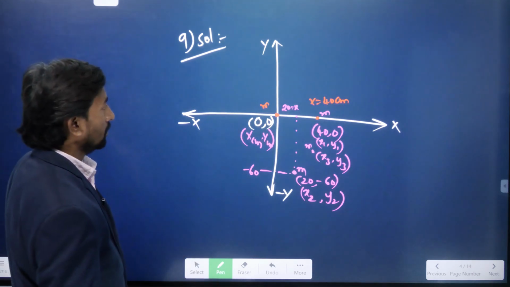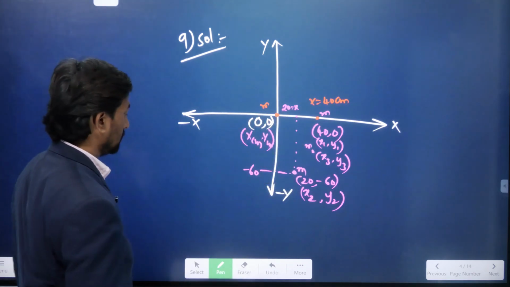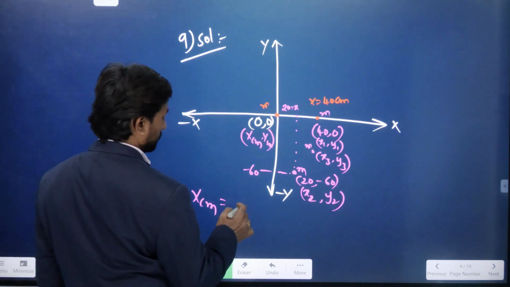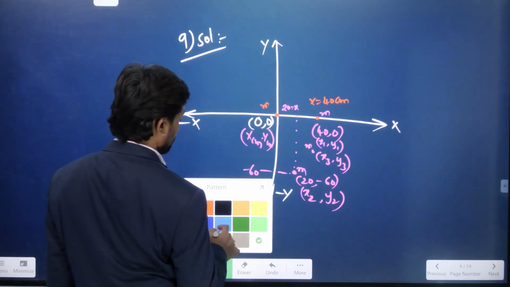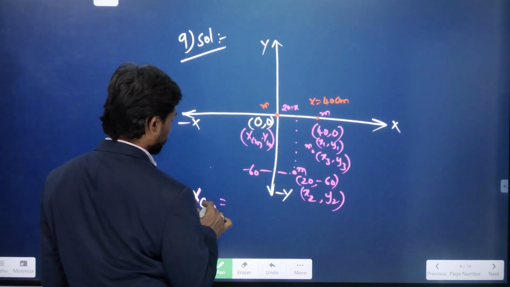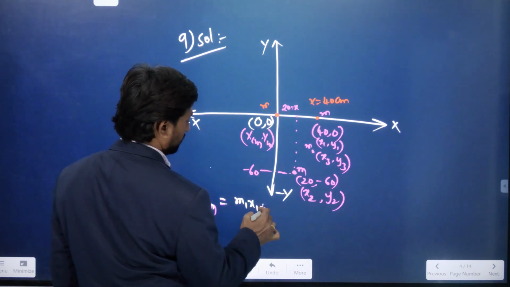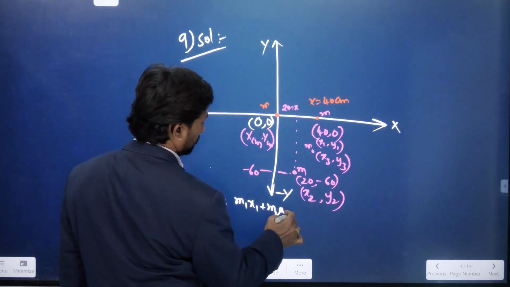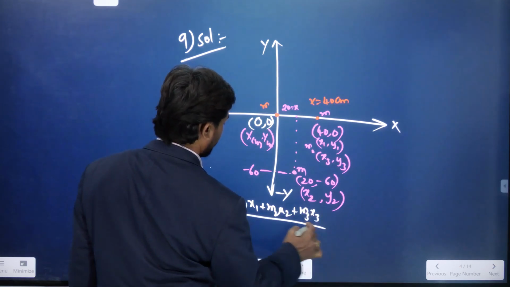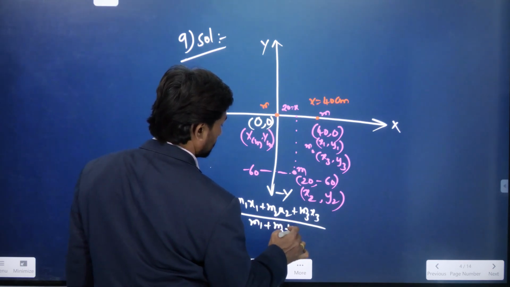So when all equal pieces are exploded, we can write xcm equals (m1 x1 plus m2 x2 plus m3 x3) divided by (m1 plus m2 plus m3).